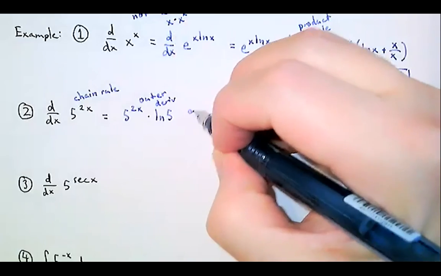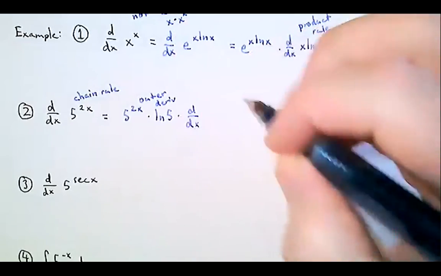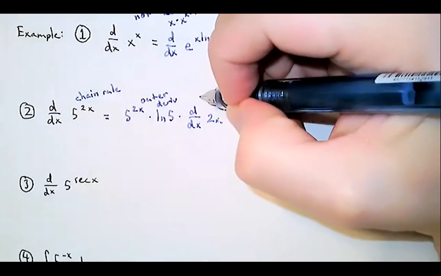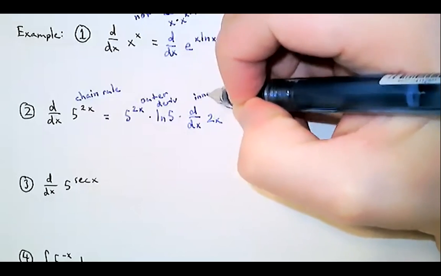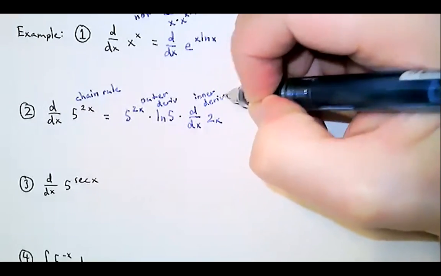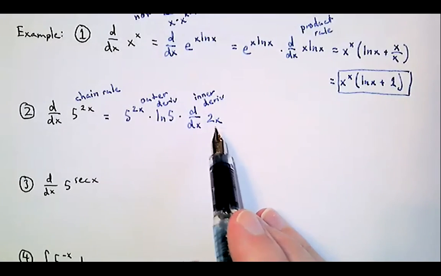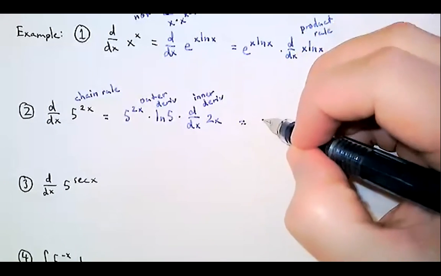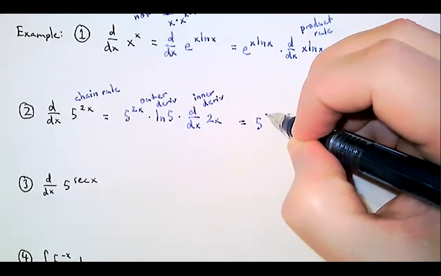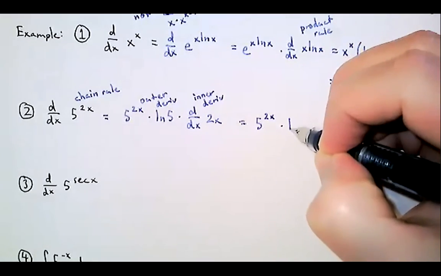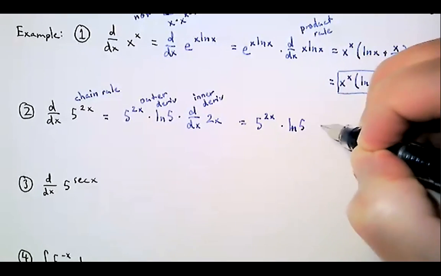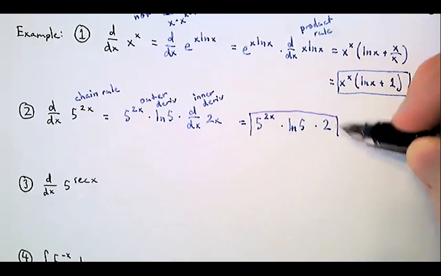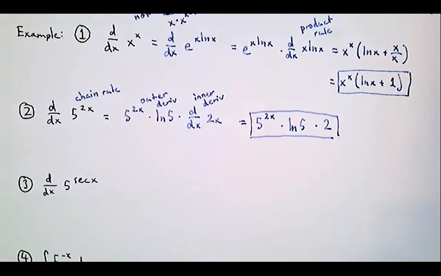And then the inner derivative, I'll write it out separate, is just the derivative of 2 to the x, or 2 times x, which we know is just the number 2. And then we're done.